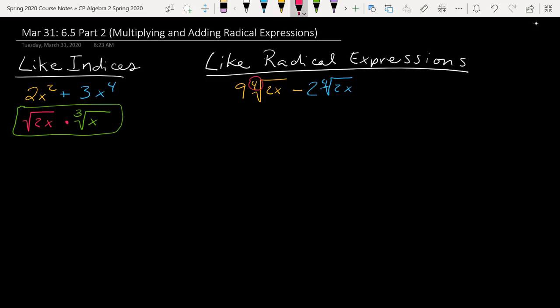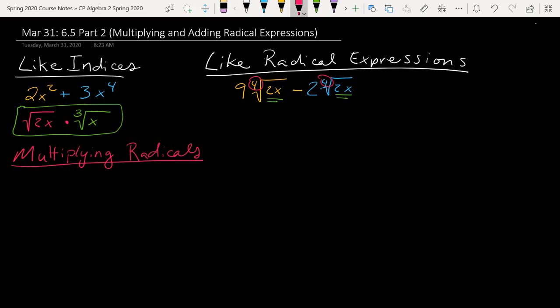We have both the same index 4 as well as the same radicand 2x. Only in the case that we have like radical expressions can we do addition and subtraction. And only in the case that we have like indices can we do multiplication easily. But plenty more about multiplication of radical expressions in the future.